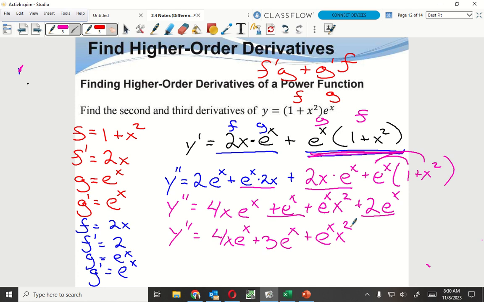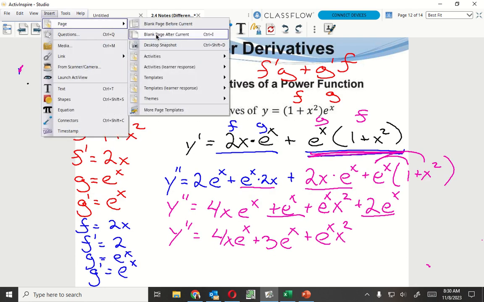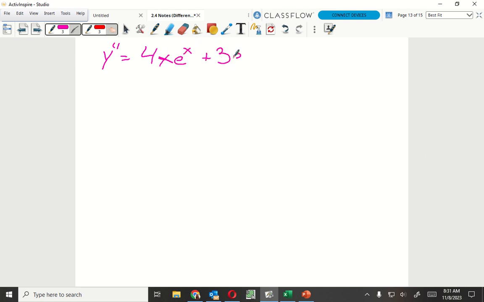So I'm going to take this one right here over to the next slide because I need some more room. And that was y double prime is equal to 4x e to the x plus 3 e to the x.